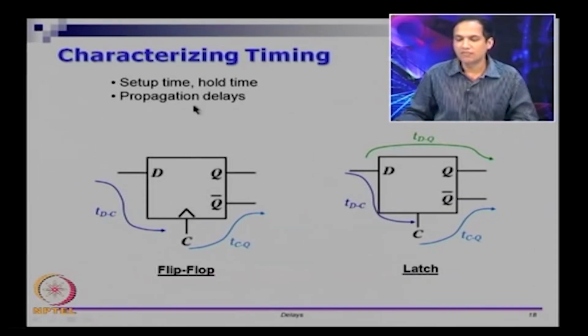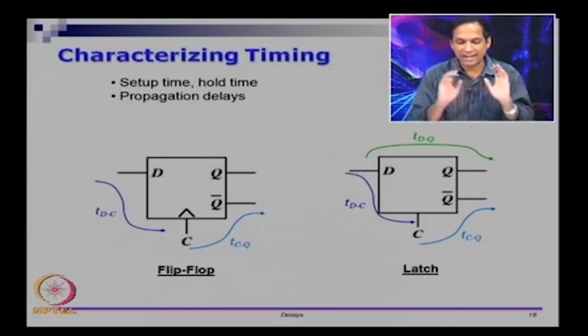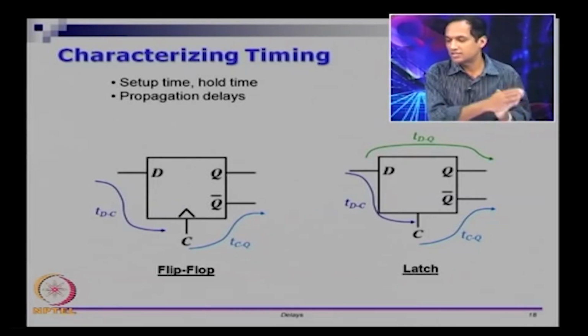The propagation delay for a flip flop is usually T C to Q. The propagation delay for a latch is both D to Q and C to Q. And the setup and hold time are inherent properties of the basic blocks. The basic blocks require that the input satisfies these conditions.